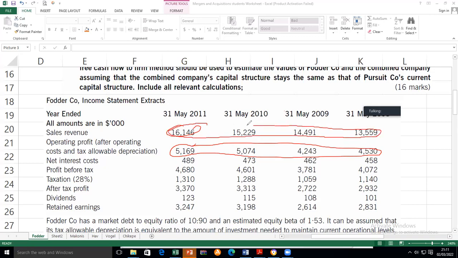Now, you may remember that in the last question that we did, the operating profit margin was given. In some questions it's given, but here we have to determine it ourselves. So how do you get it? 5169 over 16,146. That was the margin for 2011. You repeat the same, 5074 over 15,229.